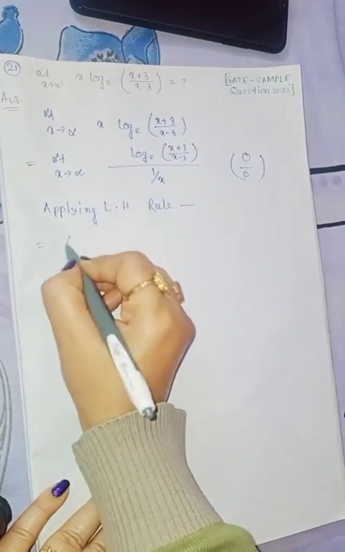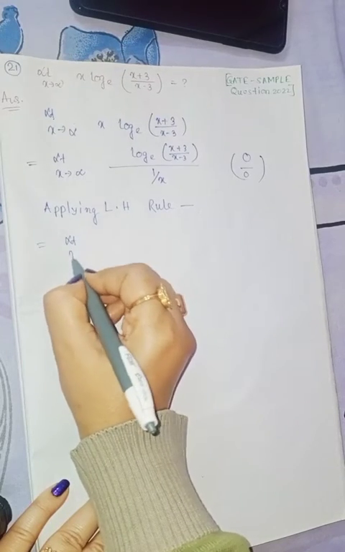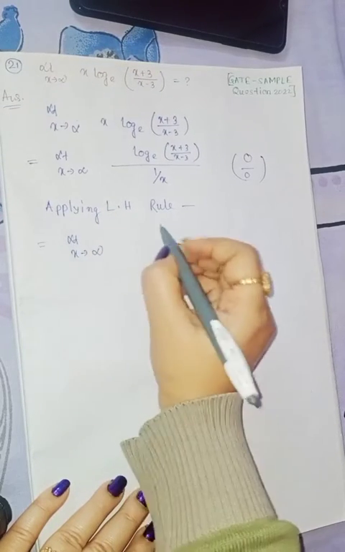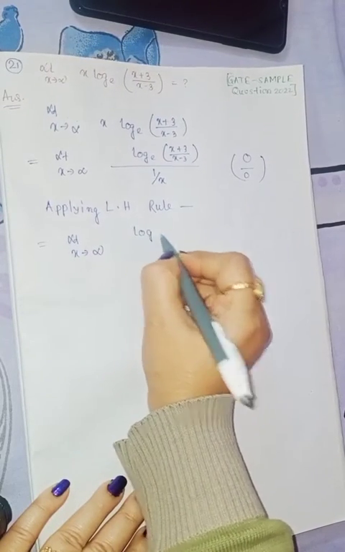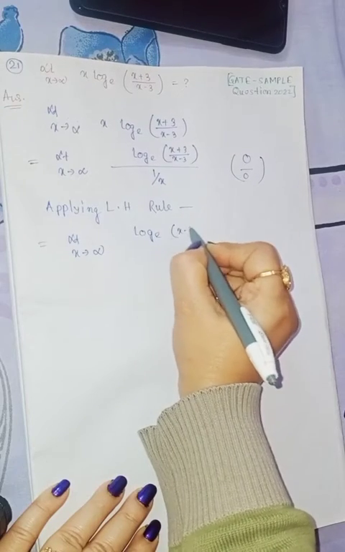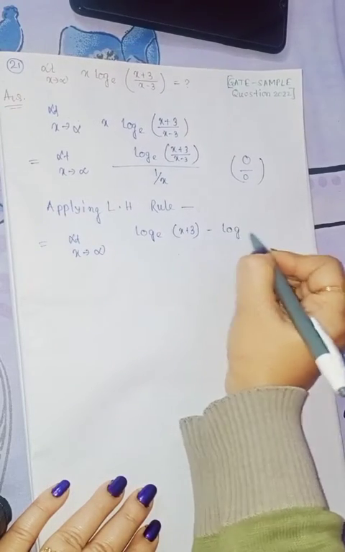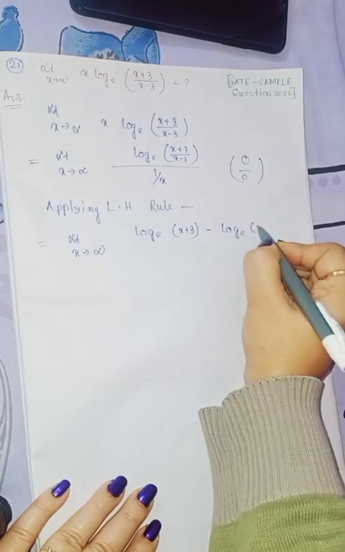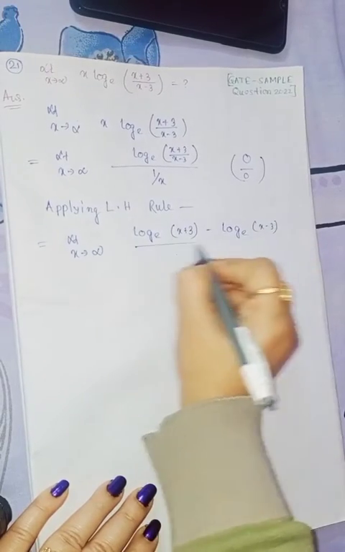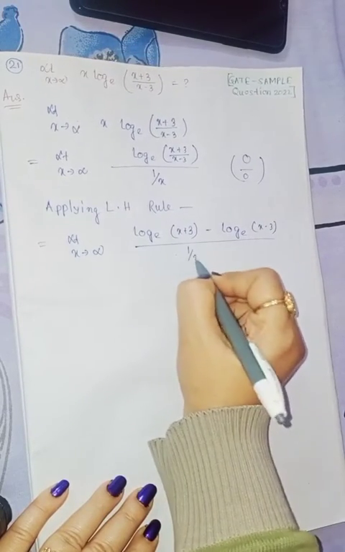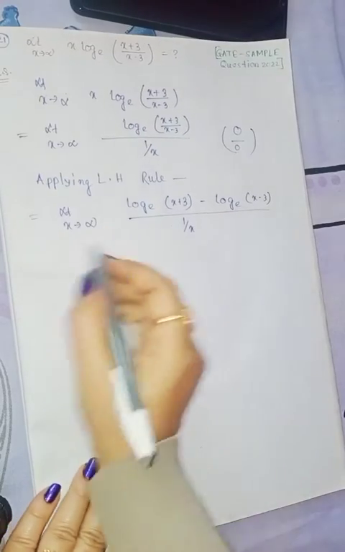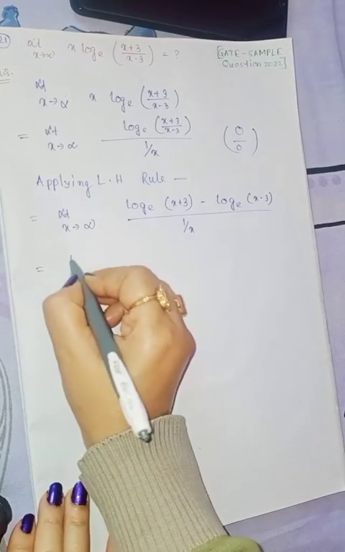So that is limit x tends to infinity. Just split this at first: log of (x plus 3) minus log of (x minus 3), and here 1 by x. Now differentiate this.